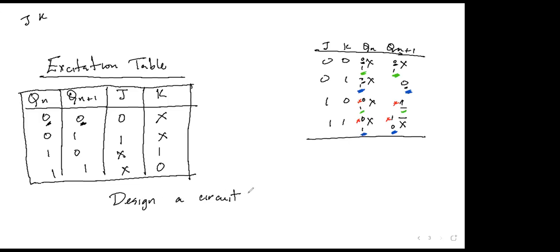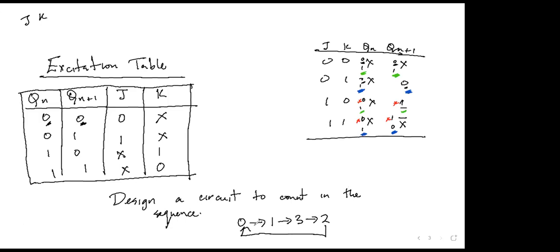So design a circuit to count in an arbitrary sequence I just put up: 0, then 1, then 3, then 2, then 0, then 1, then 3, then 2. All right, so how is it that we go about doing that?